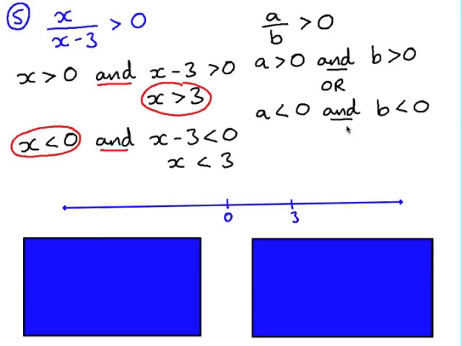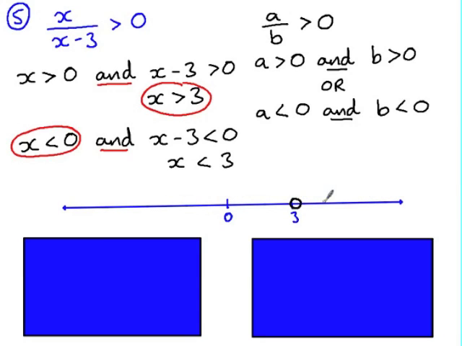Another possible approach is to look at the original quotient, and you can see that the key values here are when x is 0 and when x is 3. Clearly x cannot be equal to 3, or we would be dividing by 0. So we can check possible values of x which are less than 0, between 0 and 3, and greater than 3.